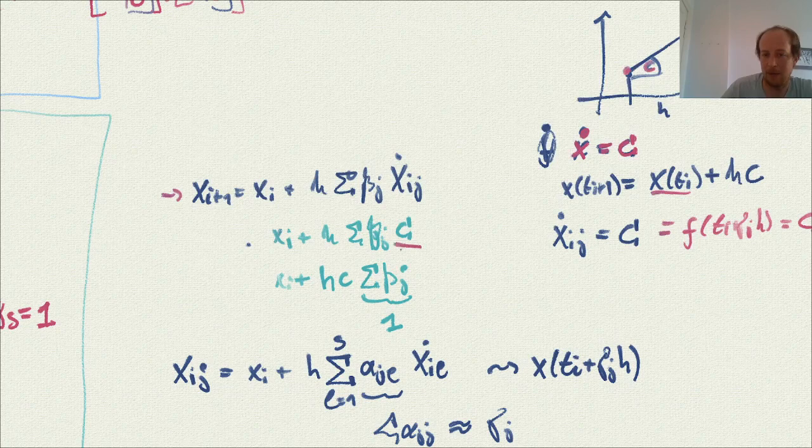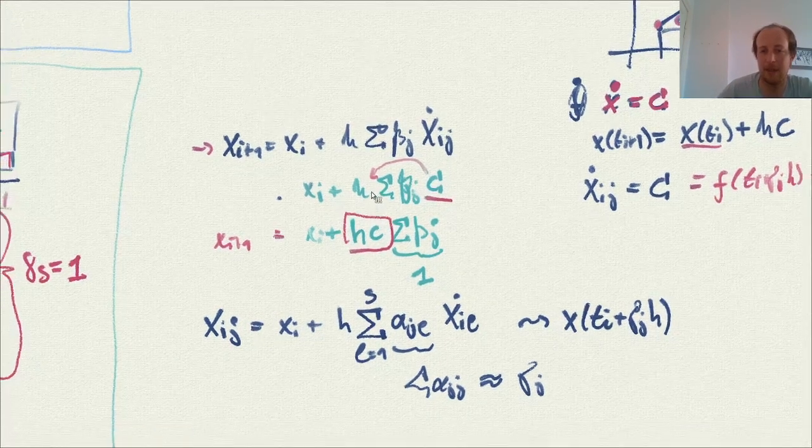They will be all constant. So we will have x_i+1 is x_i plus h times this constant. We can put this out of the sum. And here's the sum over the beta_i, and then it makes a lot of sense to have this be 1. Otherwise, we wouldn't even be able to integrate this very easy function.